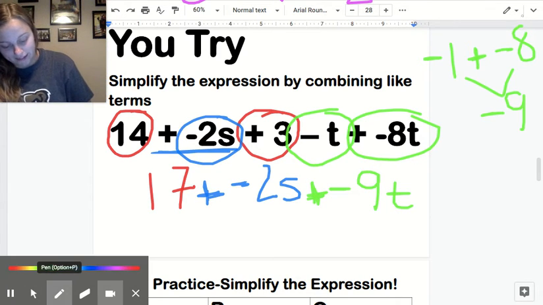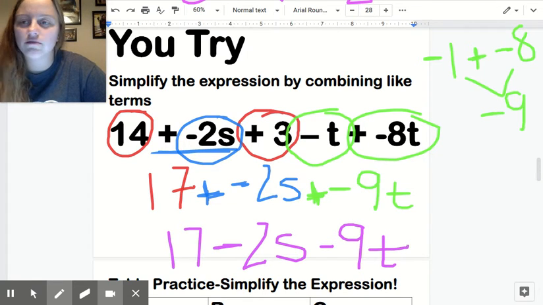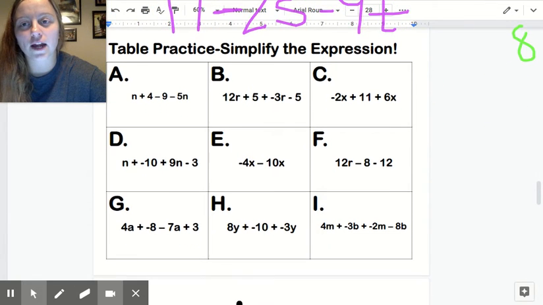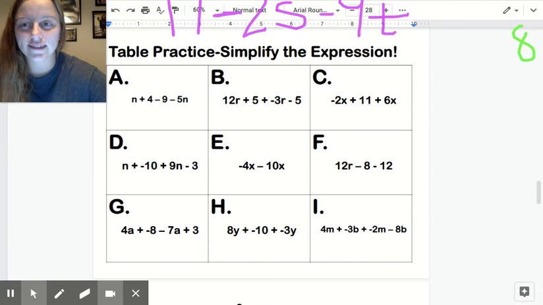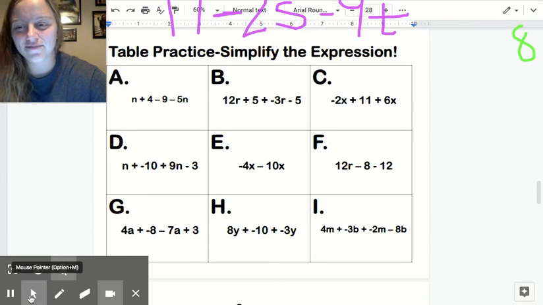But this whole problem is the same as saying 17 minus 2s minus 9t. So those pluses don't change anything. You could have them in there or you could take them out. Doesn't matter. Okay. Whatever table number you're at is the number I would like you to try, please. Once you've tried it, talk with your table and see how you did.